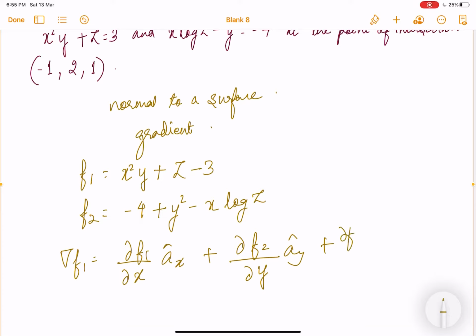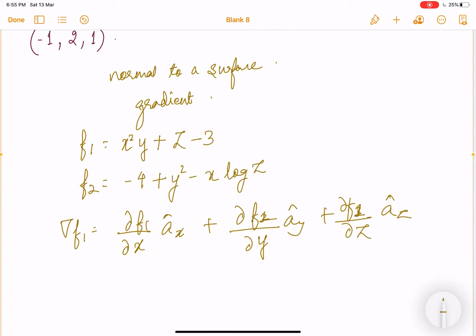Basically it's partial derivatives in each direction, the x, y and z directions. Substituting the values, we get 2xy i, because the others will be treated as constants.